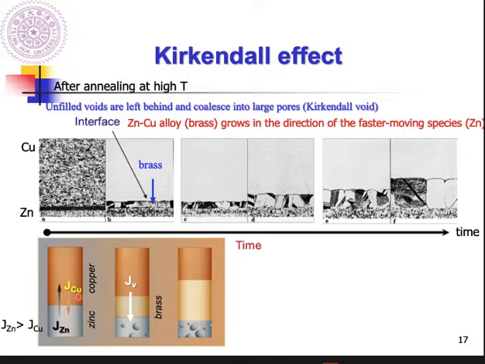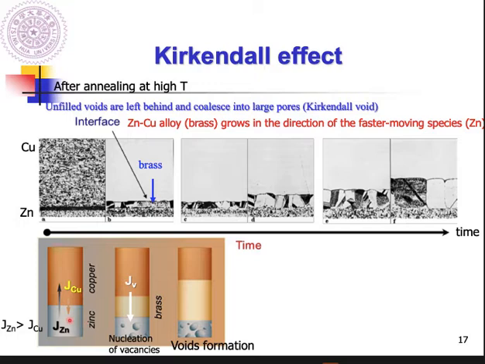So this will result in a vacancy flux downward. Based on the direction of the vacancy flux, you can expect that at the zinc side you can observe vacancies, and probably the vacancies will nucleate to form a void.